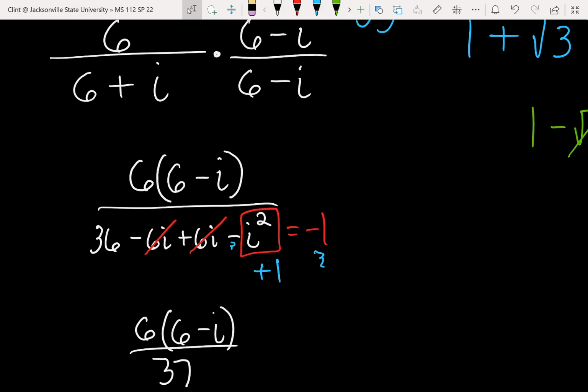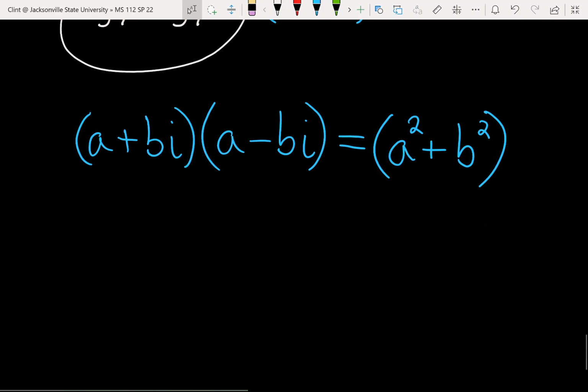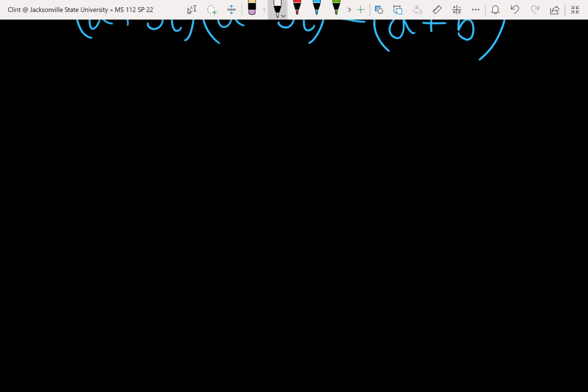Either way works. Let's do another one. If you get comfortable with multiplying the complex numbers, then the only other part that's tricky, the only new thing with division, is remembering what you're supposed to multiply by. Remember to multiply by the conjugate over itself.